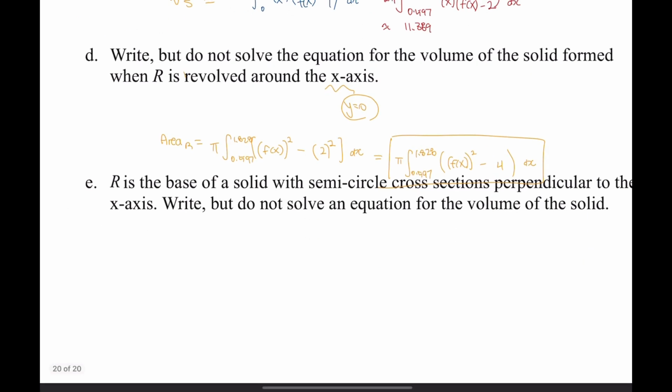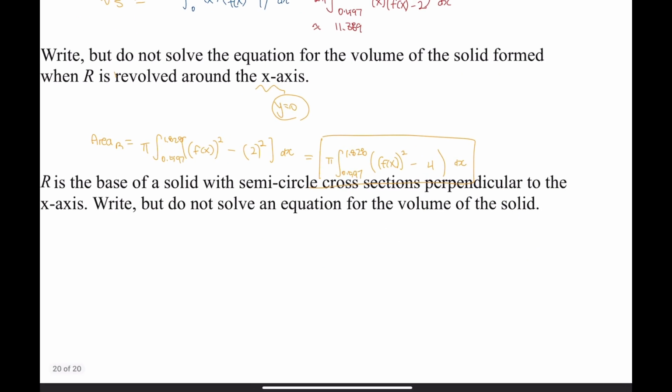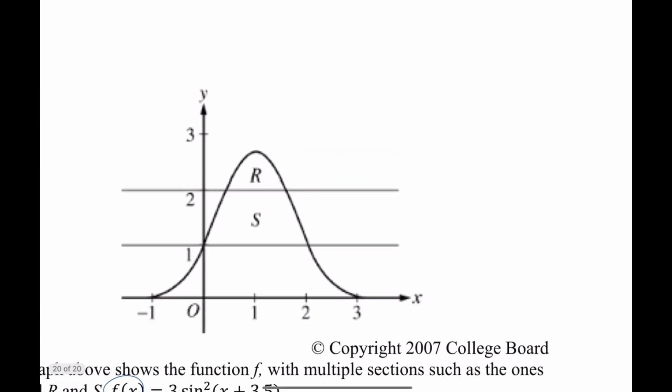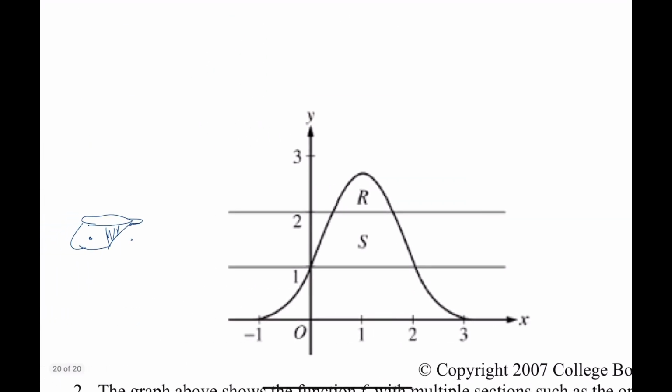It says that R is the base of a solid with semicircle cross-sections perpendicular to the x-axis. Write but do not solve an equation for the volume of the solid. So we have this one right here. Let's say we have these circles, and these circles are also 3D, so do not worry.